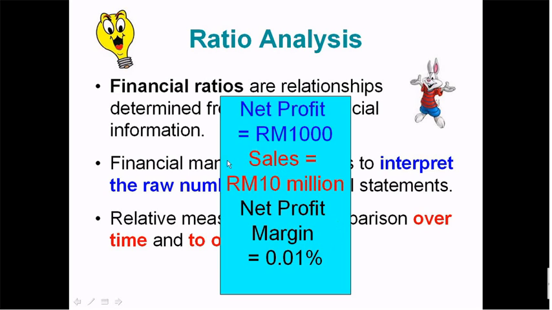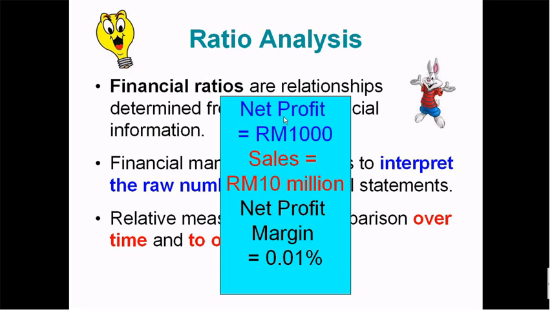In other words, it means that if I have made sales of 10 million ringgit, only 0.01% of this 10 million ringgit is my net profit. So in other words, this company is earning very, very little profits.